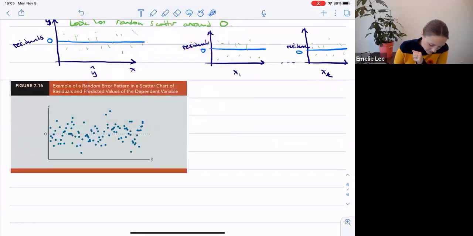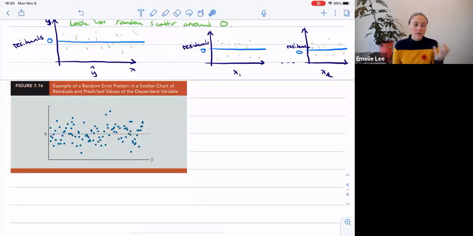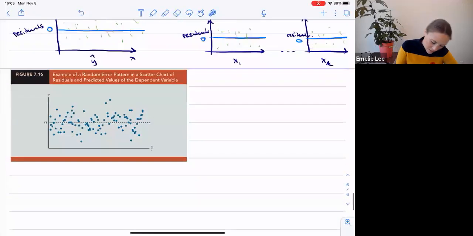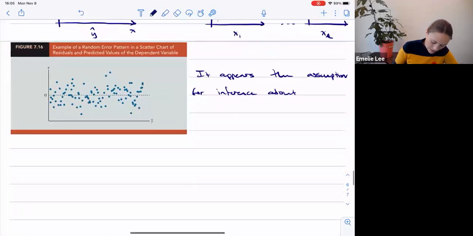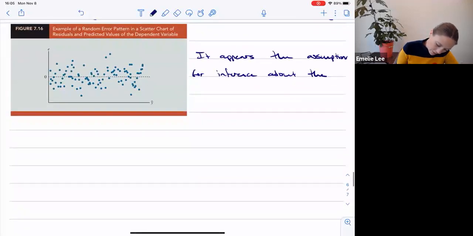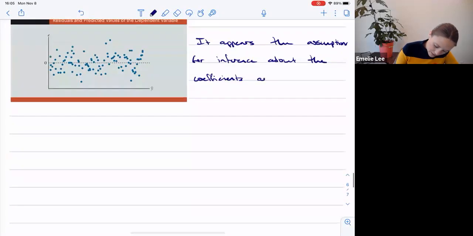Okay. So here you've got your y hat, you've got your residuals, and you've got this random scatter around 0. And so now it looks like the assumptions for inference about the coefficients are satisfied.